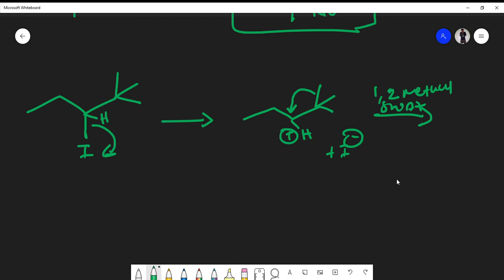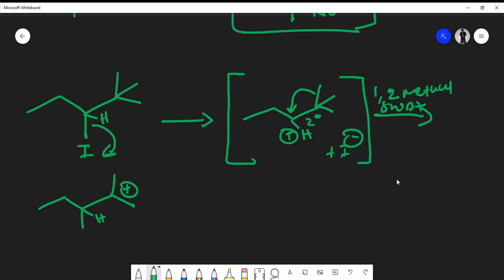So essentially, as a result, and maybe I should write this in, on this carbon I now have a hydrogen and a methyl group, and on the carbon adjacent to it, the plus charge is there. Now remember, we said that this was a secondary carbocation, and now we've moved the charge to a tertiary carbocation.